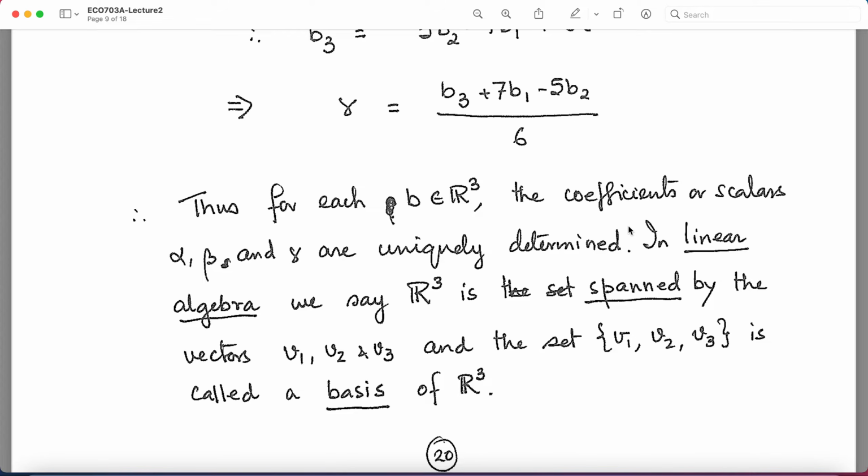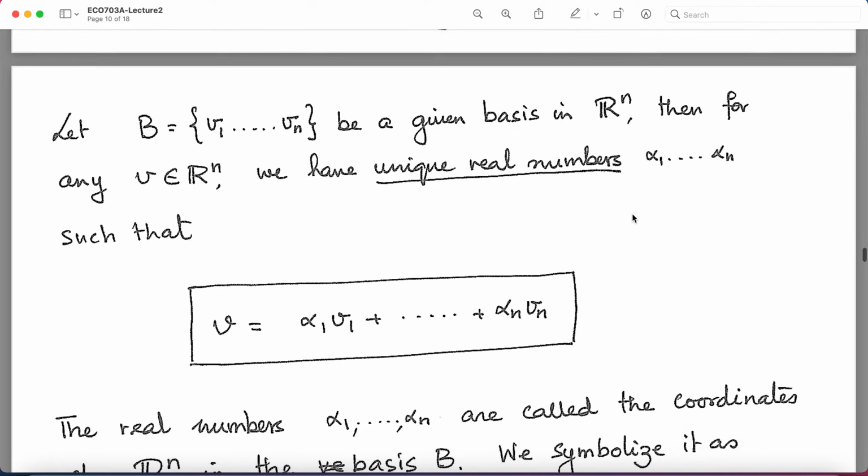Also observe that the central technique, the central fundamental feature, is linear combination of vectors with scalars. Linear combination remains the guiding principle of linear algebra.